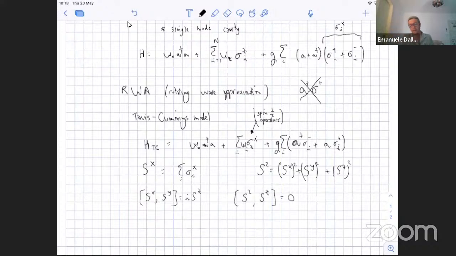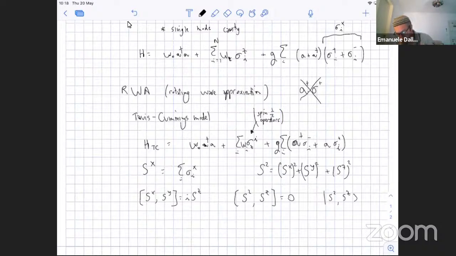That means you can build a basis of states that are both eigenstates of the total S squared and Sz. So you have the usual spin algebra, with the total spin and the z component of the spin, and you can build an eigenbasis of states that have a well-defined S squared and a well-defined Sz.